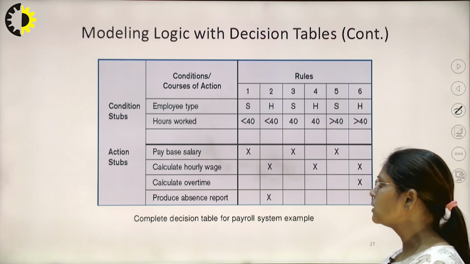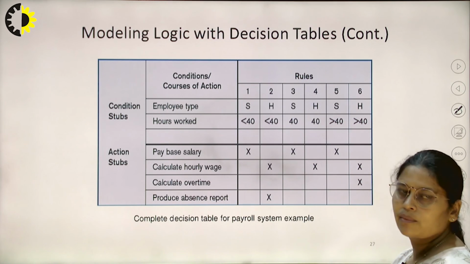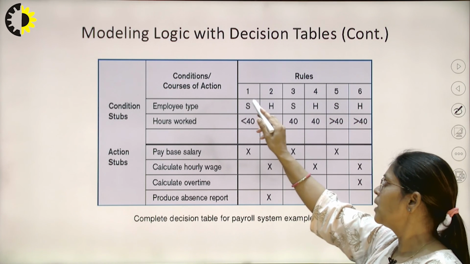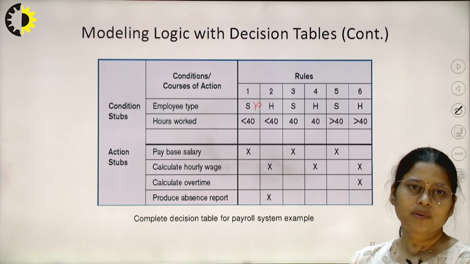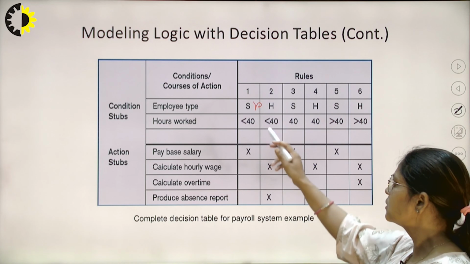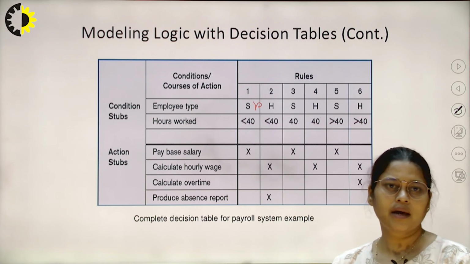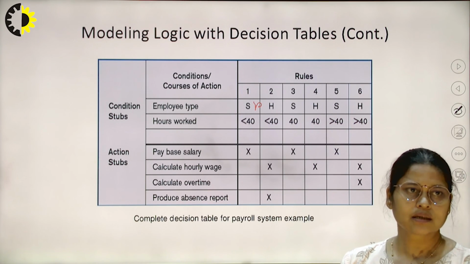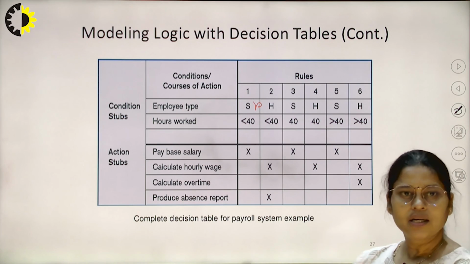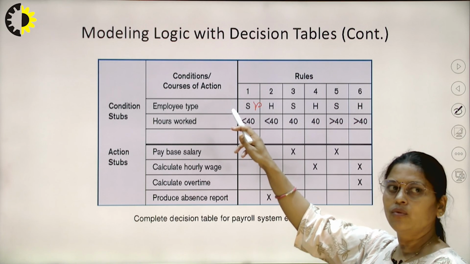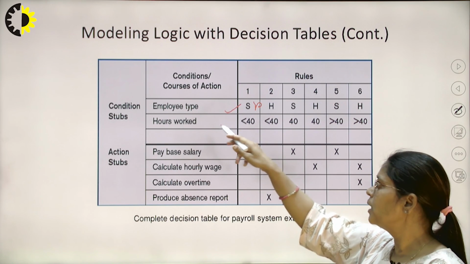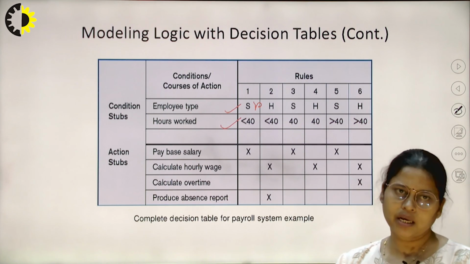In the payroll system, suppose we have two types of employee. One is a permanent employee and the other category is an ad hoc based employee, and the working hours for each employee is 40 hours. It may increase or decrease. So we have to take two conditions: one is the employee type category and the second one is the working hours.